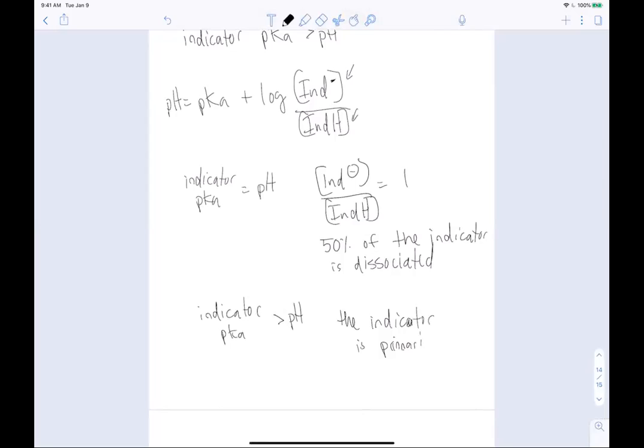Why is this boggling my mind right now? Let's say my pK is 10 and pH is 2, it's going to be protonated. So the indicator is primarily ionized in this situation.